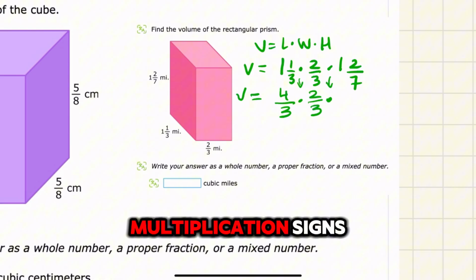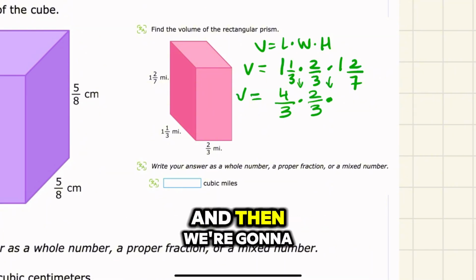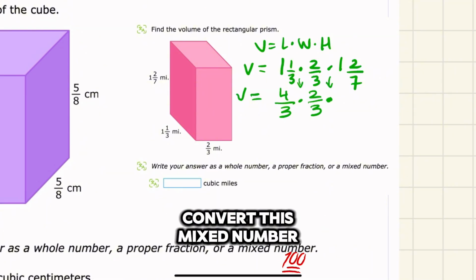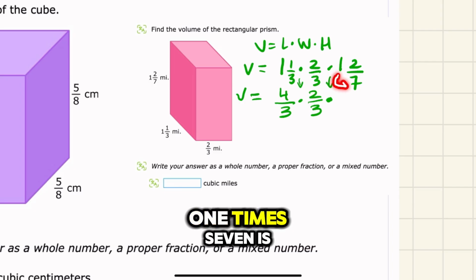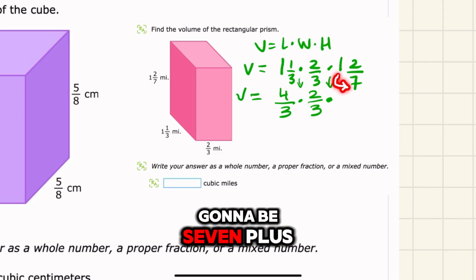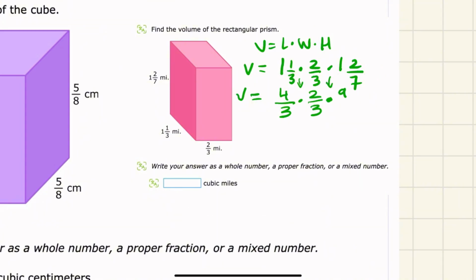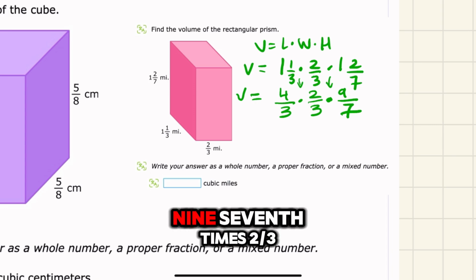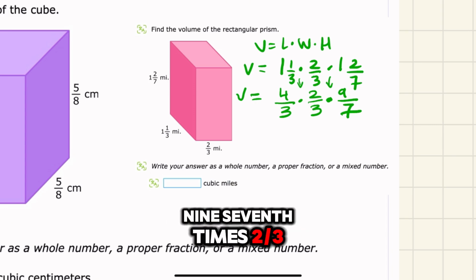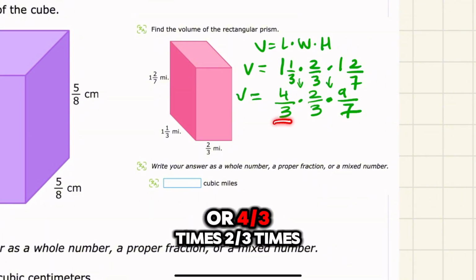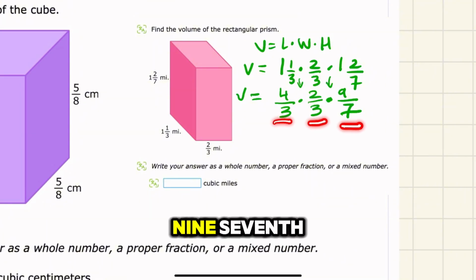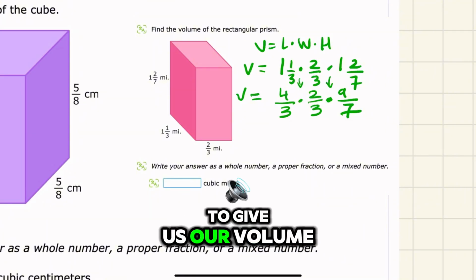We're going to drop down our multiplication signs, and then we're going to do the same thing, convert this mixed number into an improper fraction. 1 times 7 is going to be 7, plus 2 is going to be 9. So that's going to give us 9/7. So now we have 9/7 times 2/3 times 4/3, or 4/3 times 2/3 times 9/7, and that is going to give us our volume.